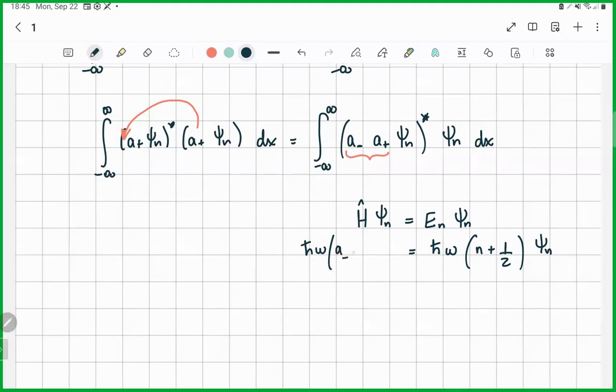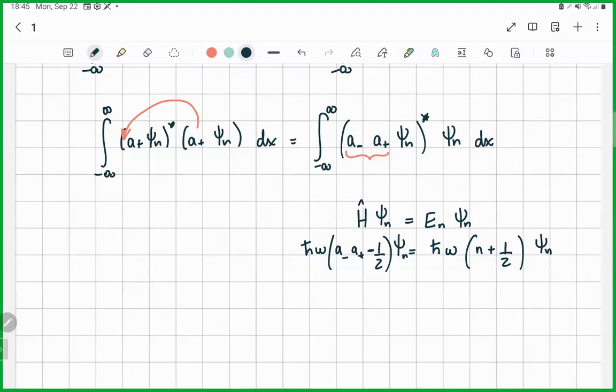H bar omega times a minus a plus, minus half, acting on psi n. So this is an equation from your book, equation 2.54.